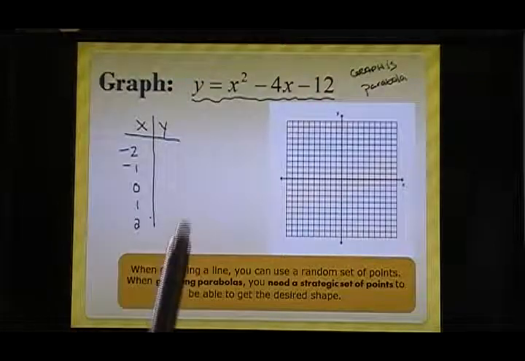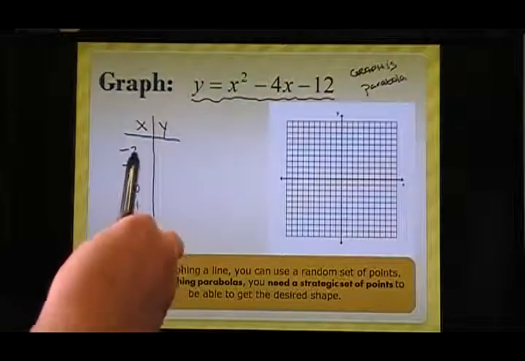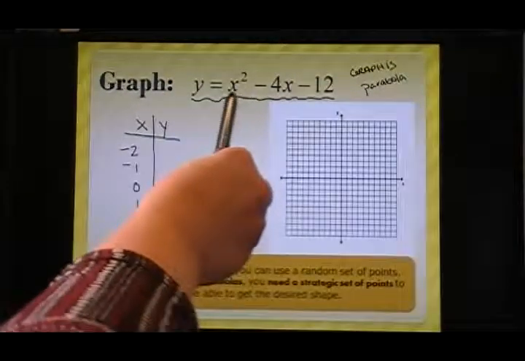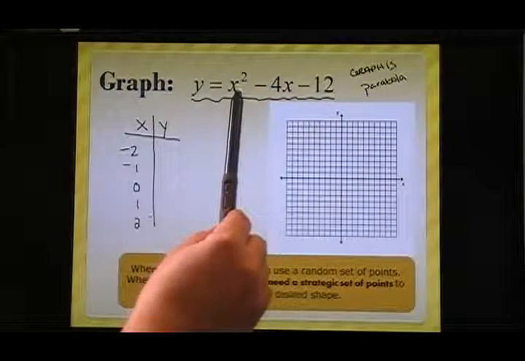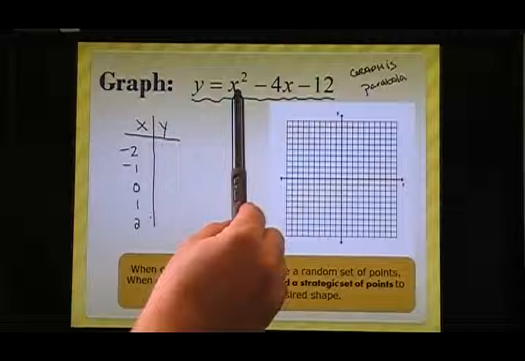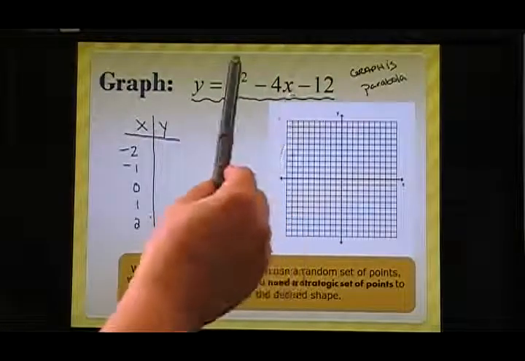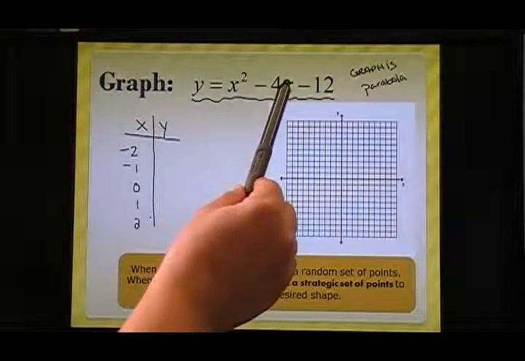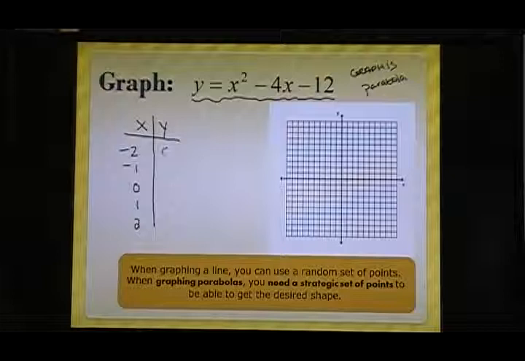So let's see what happens when we do this here. If you substitute -2 in for x, you're going to have -2 times -2, that is 4. -4 times -2 is 8. So you have 4 plus 8, that is 12. And 12 minus 12 is 0.